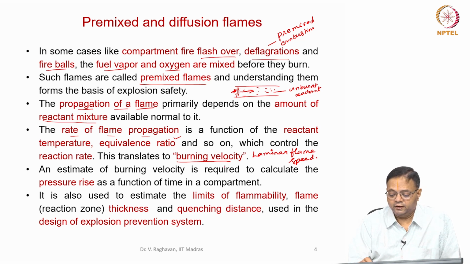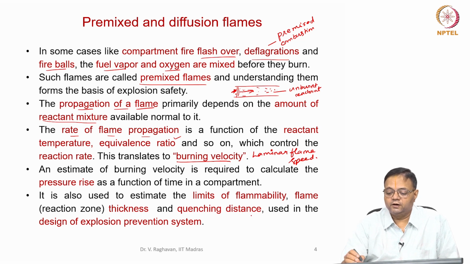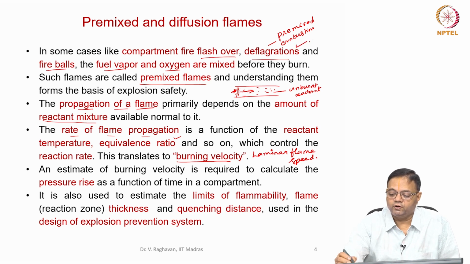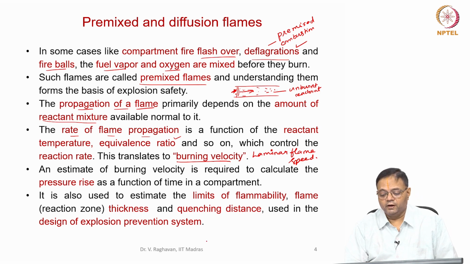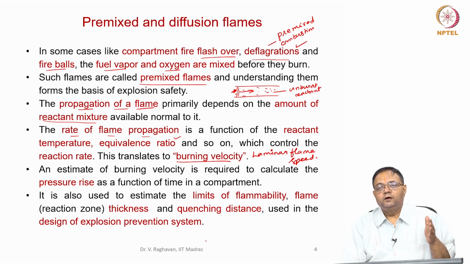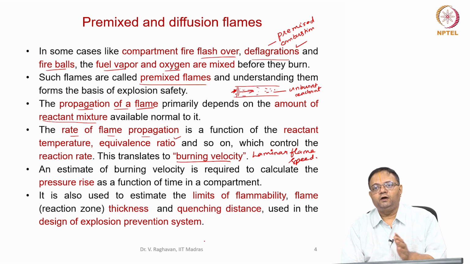Now, the laminar or subsonic speed propagation of a flame through the reactant mixture is called deflagration. So, what we described in the beginning is nothing but the subsonic propagation of a flame.